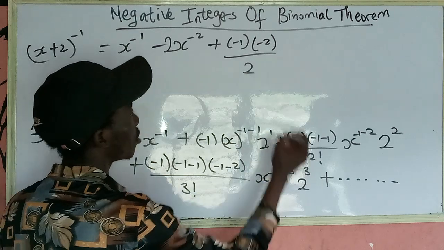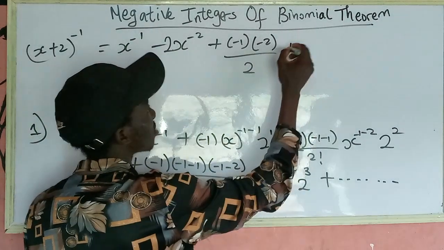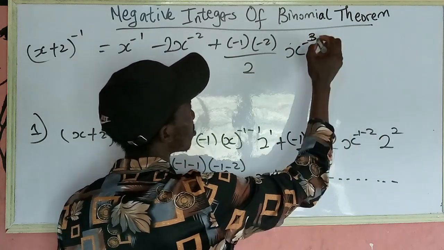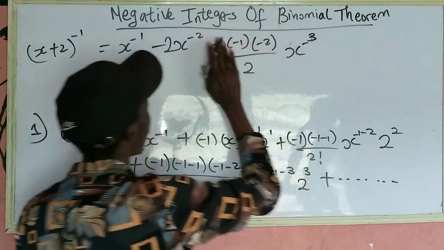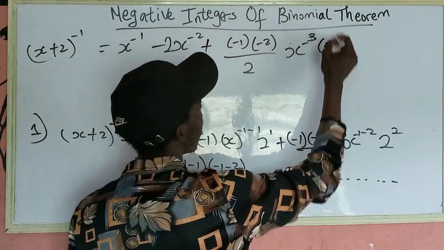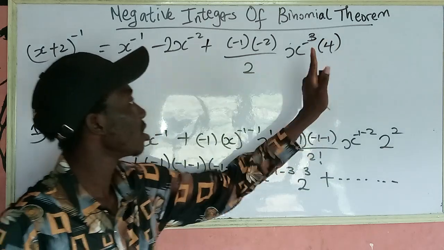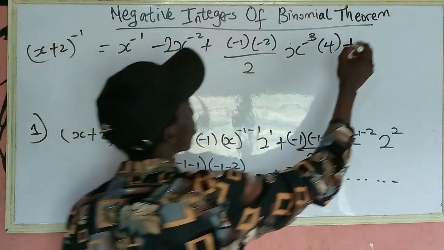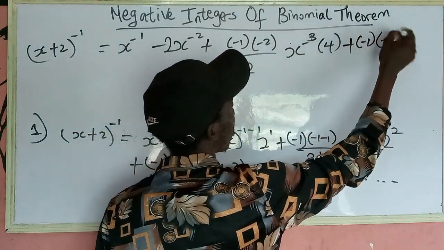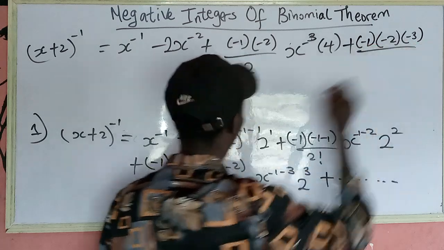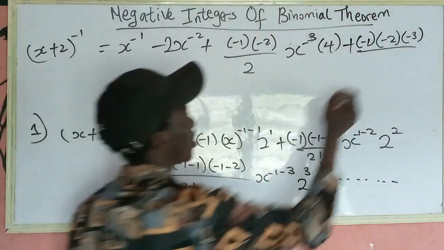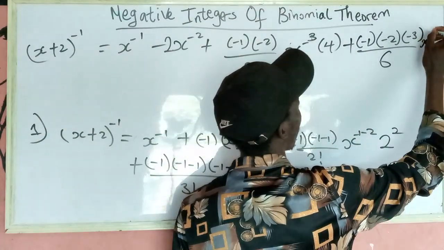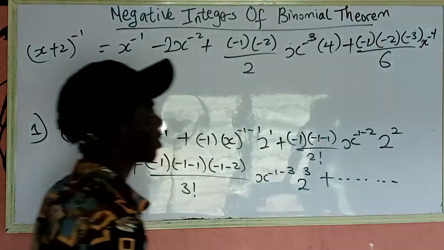And you have x to the power minus 3, and a 4, since 2 to the power 2 is 4. Next one, you have a plus, minus 1, minus 2, and minus 3. 3 factorial is 6, so you have a 6 here, and x to the power minus 4. Okay, I'll be cleaning this off.